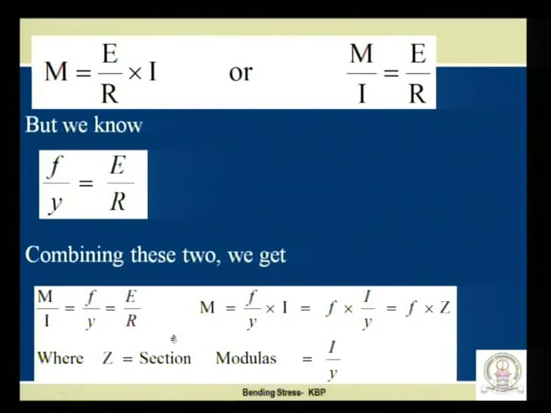That equation is M over I is equal to f over y is equal to E over R. M is nothing but the moment of resistance of a section, I moment of inertia, f bending stress at a particular section, y the depth at which we have to find out the bending stress, E modulus of elasticity, R radius of curvature.